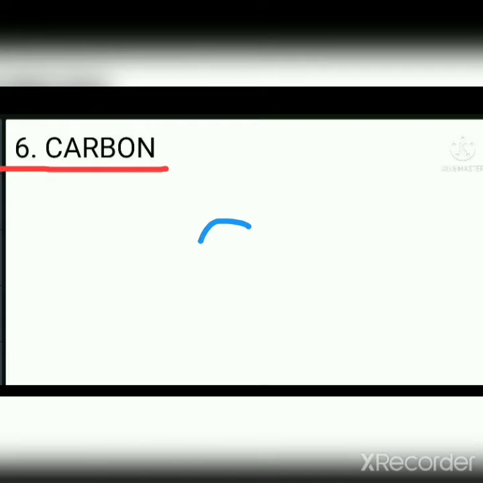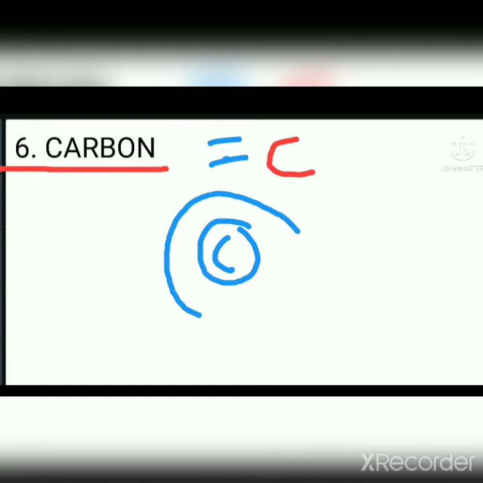I will first write the symbol of carbon, that is C. Then I will make one more circle, and the maximum number of electrons we can put in the first shell is 2. So I can make 2 in this.